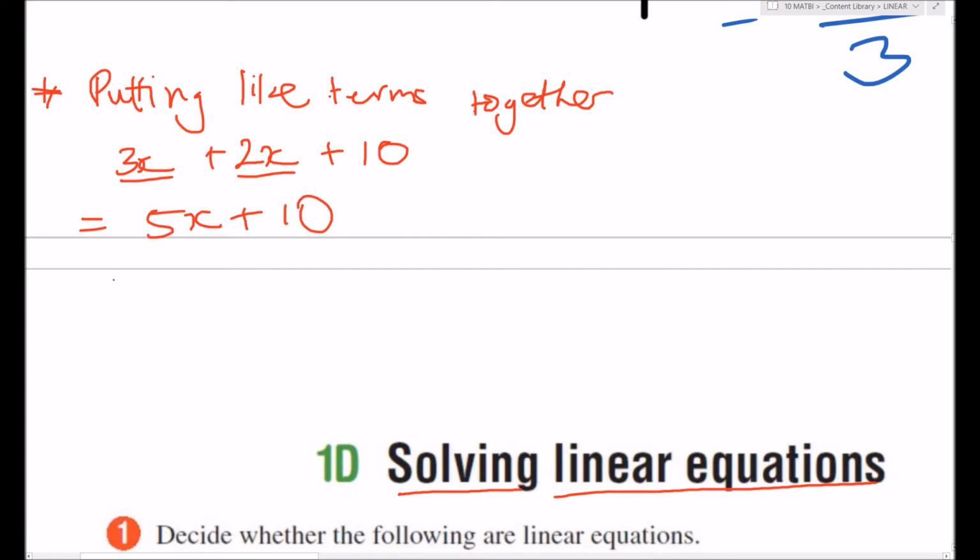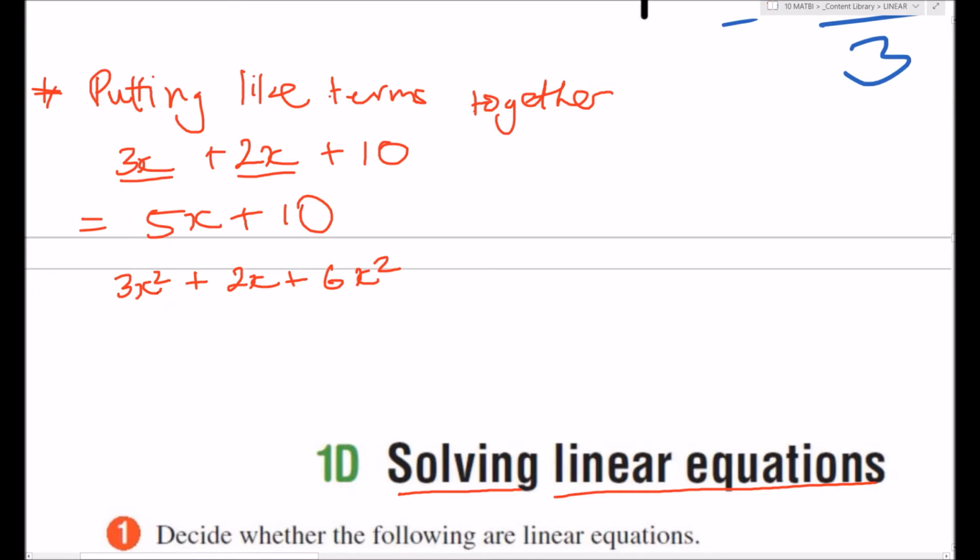Similarly, we might have something like 3x squared plus 2x plus 6x squared. In this case, my like terms are determined by whether the variables and the indices of those variables are the same.